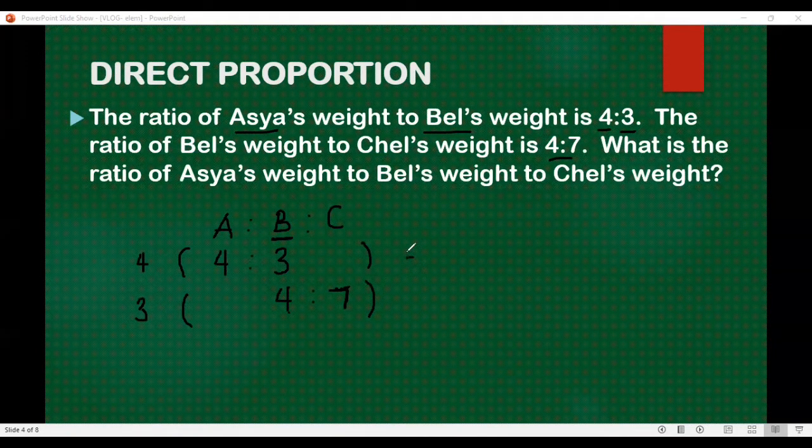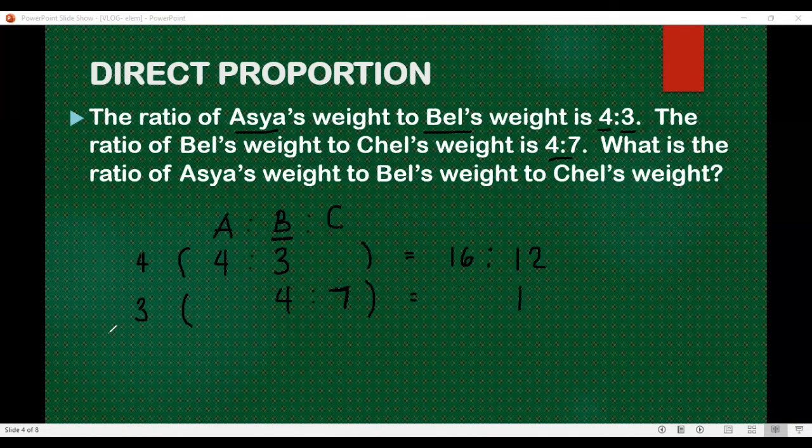So what are we going to have here now? Let's multiply it one by one. So 4 times 4, that will be 16. And 4 times 3 is equivalent to 12. Our aim now is that Belle's ratio will be the same.